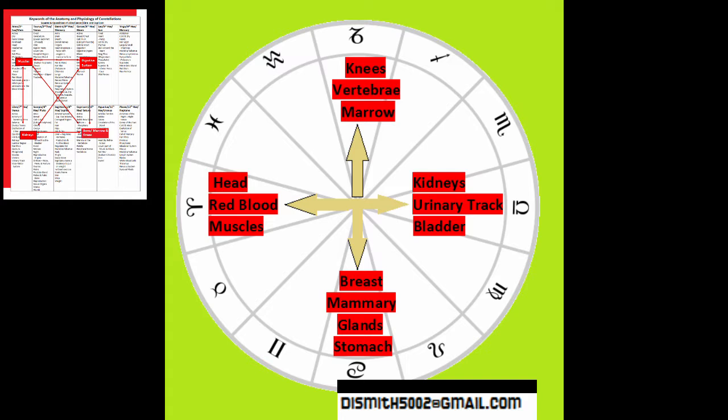But the most common side effects of bone marrow transplant is nausea and vomiting, which is propelled from the stomach and is the main digestive organ ruled by Cancer. In bone transplants, they're using the opposite sign ruled by Capricorn to treat the illness cancer.